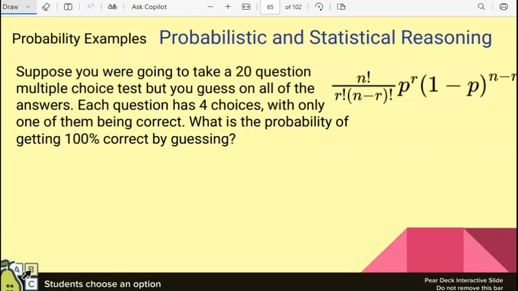Try this example. Suppose you're going to take a 20-question multiple choice test, but you guess on all the answers. Each question has 4 choices with only one of them being correct. What is the probability of getting 100% correct by guessing? Pause the video and try this one. When you're ready, unpause the video.